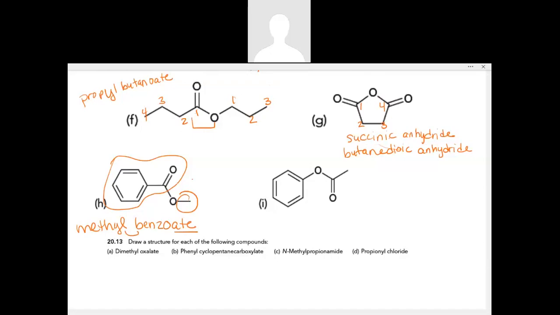Last but not least, we now have an acetate ester functional group here, and we're going to name the substituent here as our phenyl group. So phenyl acetate is actually the common nomenclature, or we would have the IUPAC as phenyl ethanoate.